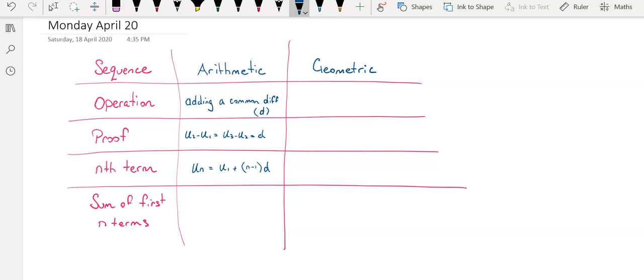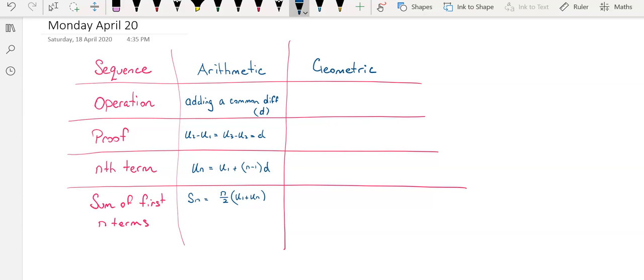Okay, and the sum of the first n terms, we had two ways of writing the same expression, the sum to n terms. If we know what the last term is, occasionally we do, and with sigma notation we often do, it's first plus last times half the number of terms.